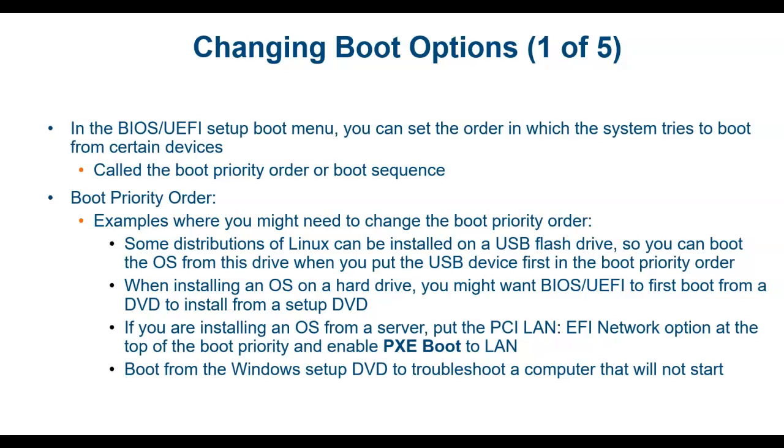If you're installing an OS from a server, put the PCI LAN EFI network option at the top of the boot priority and enable PXE boot to LAN. Boot from the Windows setup DVD to troubleshoot a computer that will not start.